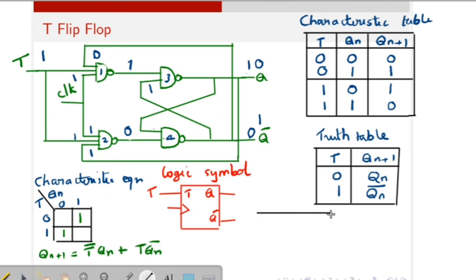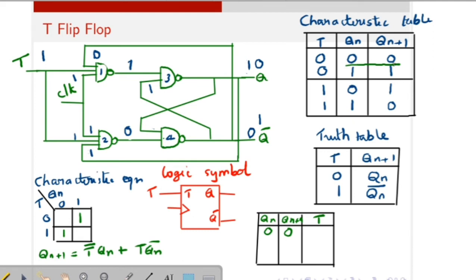Next we can draw the excitation table of this T flip-flop. The excitation table has two inputs, Qn and Qn+1, and the output is only T. See this characteristic table.